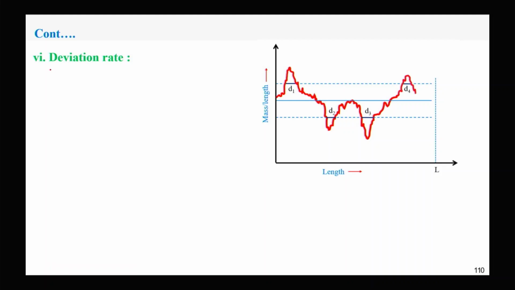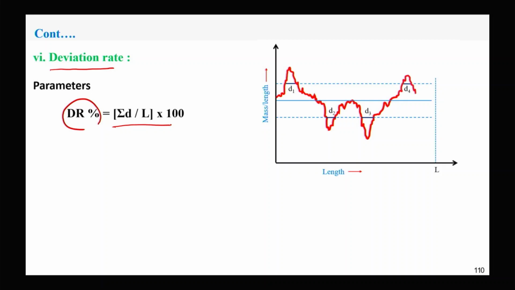analysis is the deviation rate. So deviation rate is another form of representation, and it will give a numerical value. So the deviation rate is calculated based on a certain relationship.